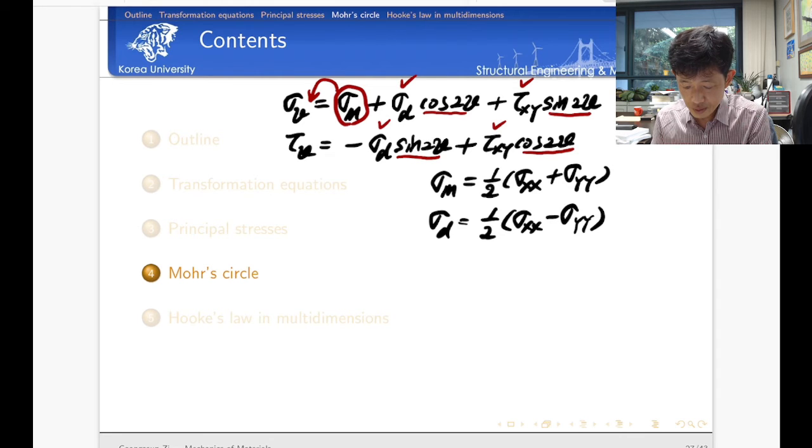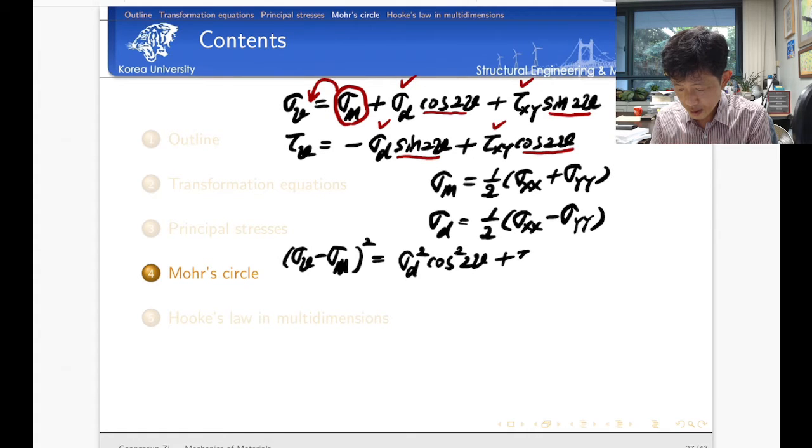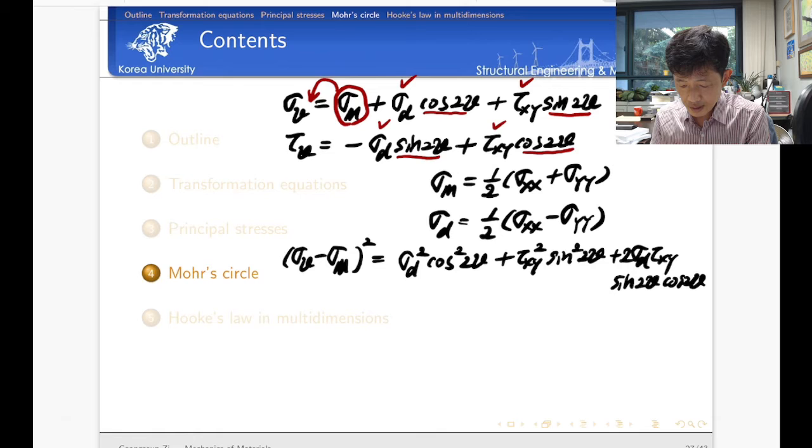If you square these two equations, then I have sigma theta minus the mean stress, squared, is equal to sigma d squared cosine squared 2 theta plus tau xy squared sine squared 2 theta, and then I have a cross term, right? So 2 sigma d tau xy sine 2 theta cosine 2 theta. Then let's look at the second equation.